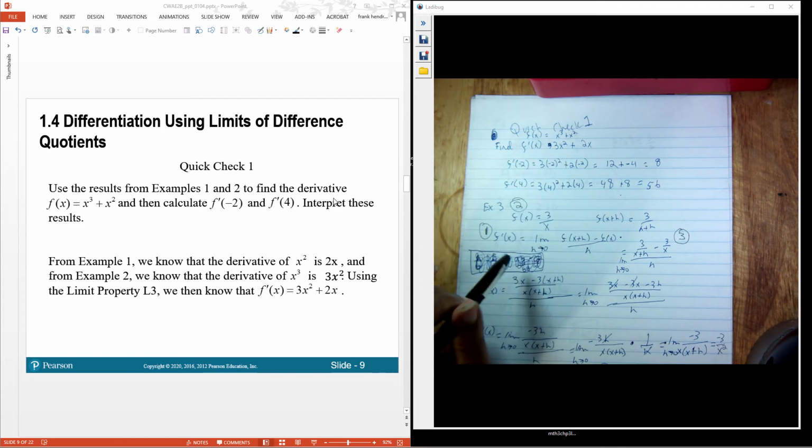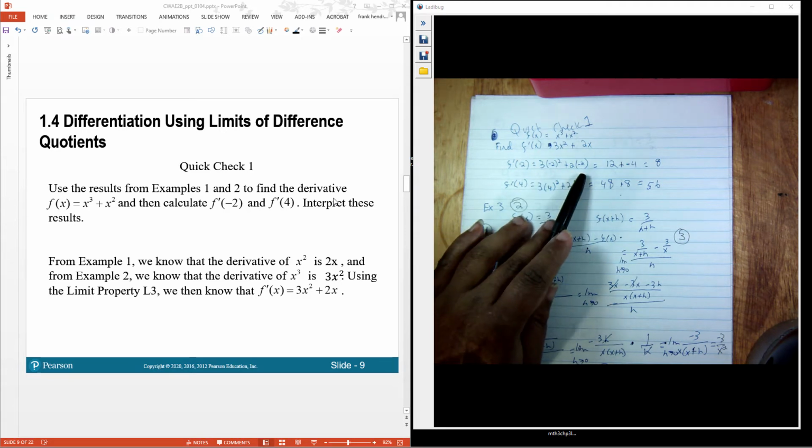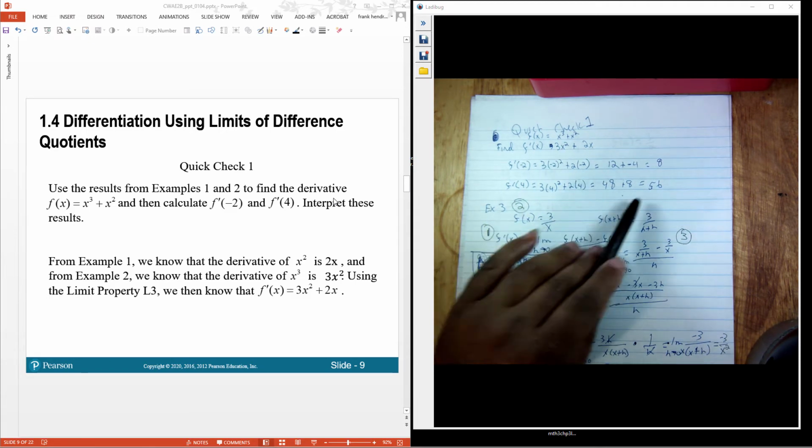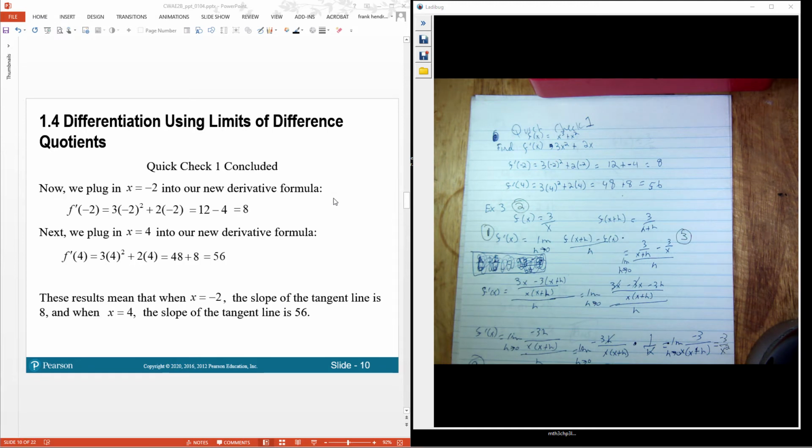Then they want us to evaluate it for -2 and 4, and we get our two values there, 8 and 56.